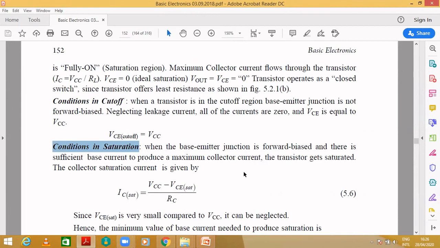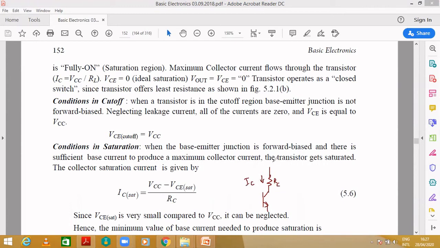So if I apply KVL, how? Just see this figure. This is my transistor. This is the collector part and it is RC, and the current flowing through this will be IC.